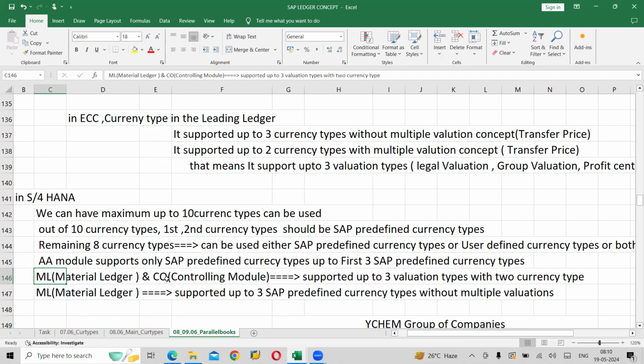ML material ledger and CO module, it supports up to 3 valuation types with 2 currency types. If you don't have valuation types, then it will support 3 predefined currency types. Clear? I have taken this example from my previous batch. Any questions here?